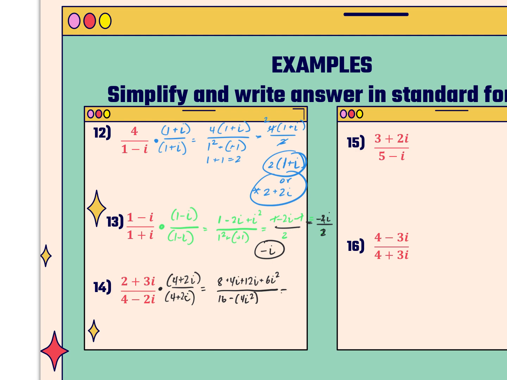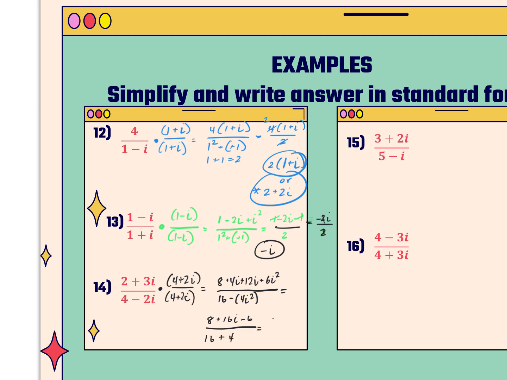Okay? So again, I'm just going to continue simplifying here. My numerator becomes 8 plus 16i minus 6. And my denominator is going to be 16, and this is going to be minus -4, so 16 plus 4.